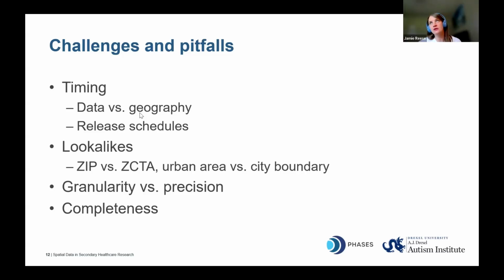Let me make sure I'm understanding. You're looking at two different data sets that you want to relate to each other. One of them, the smallest level of geography that you see is a state. Is that right? Yeah. Okay.